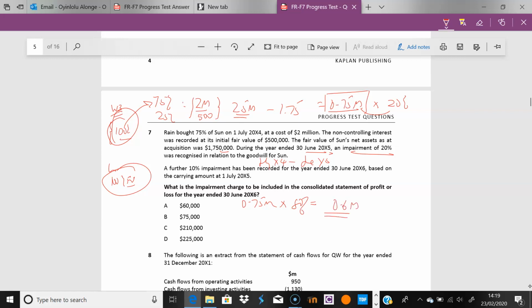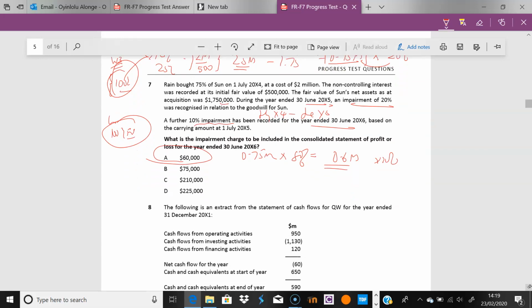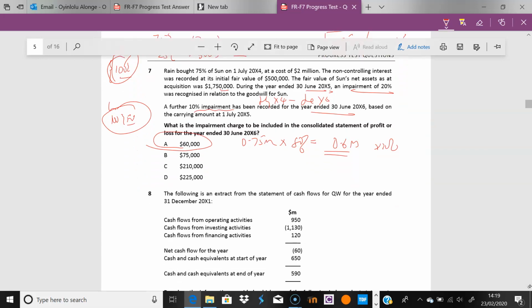So that's the goodwill at the beginning of 2005, 1st of July. They're telling us that at the end, another 10% has been lost for the following year. So 10% of this takes me to 60,000, and that's 7. Okay, great. So that's how that works. So again, a good question for remembering how to deal with working 3.